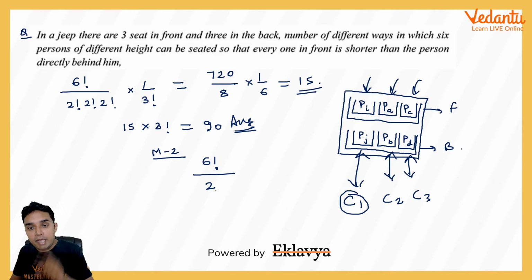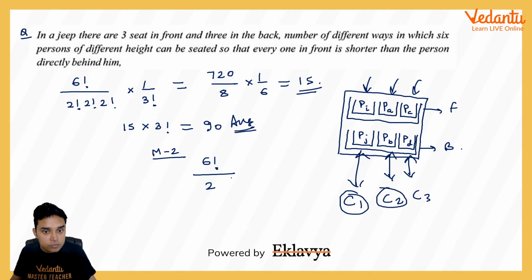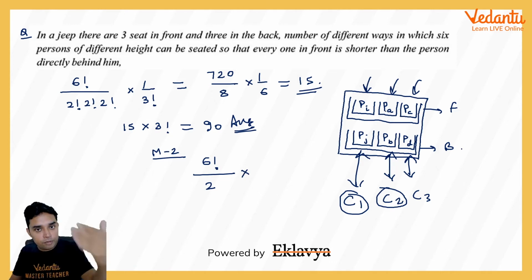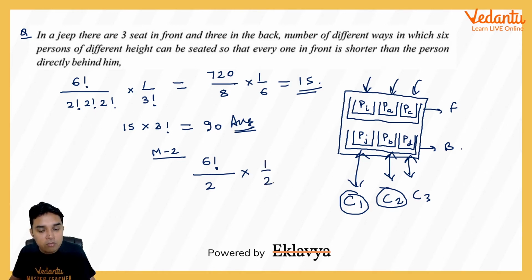Now after doing that, same for column 2: half the cases out of this will be when the person with smaller height is in the front row, and half of these cases will be when the person with smaller height is in the back row. So I will again be doing 1 by 2 so that I get only those cases in which the person with smaller height is sitting in the front row.